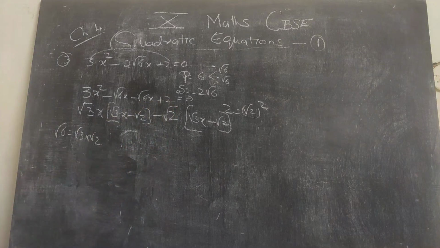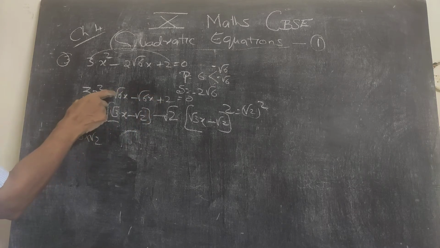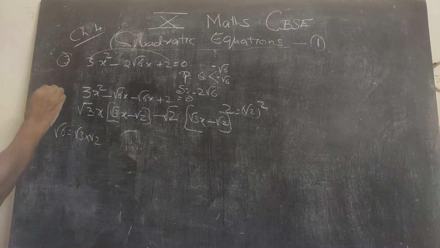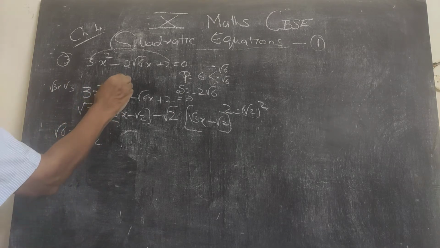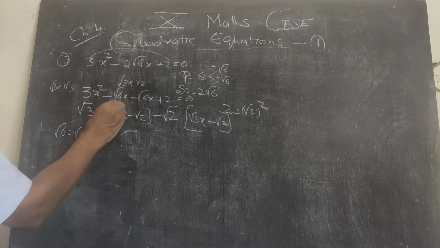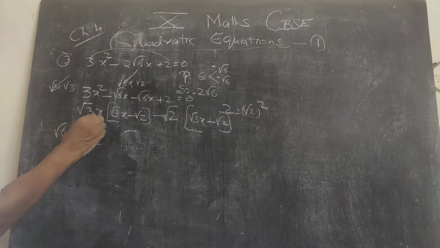So understand this particular point. 3x² minus root 6x and then minus root 6x plus 2. This is root 3 into root 3, that is 3, and this is root 3 into root 2. So this root 3 and this root 3 I am taking out, and the x term also.